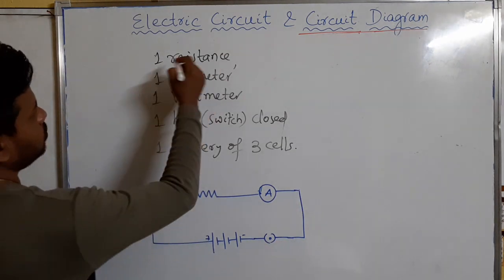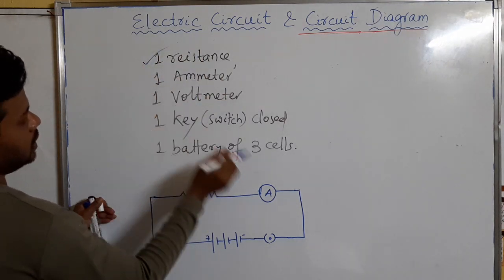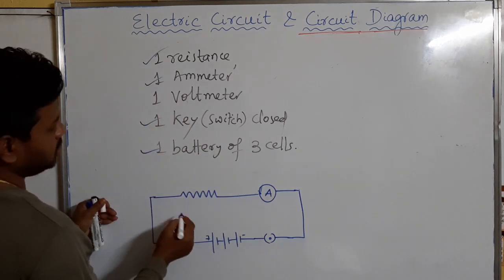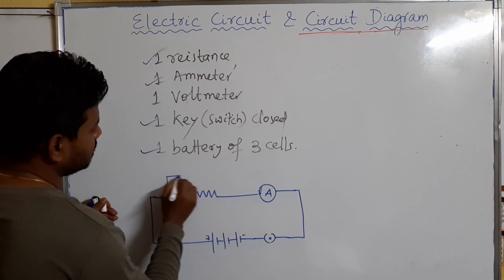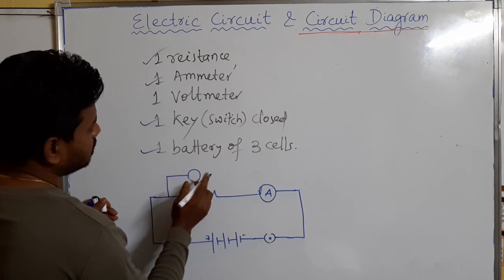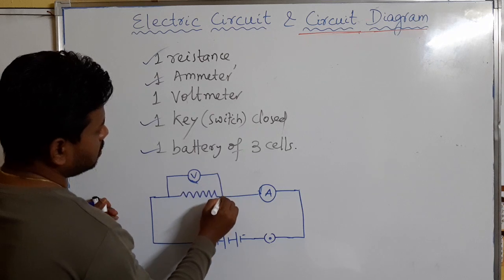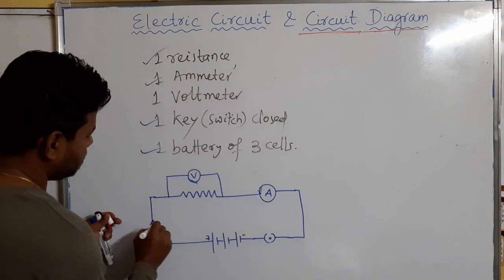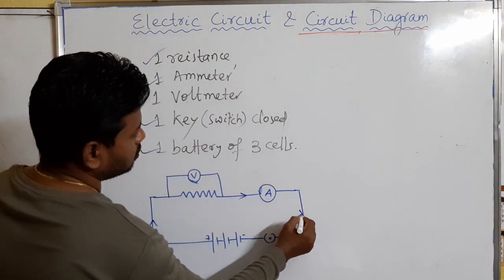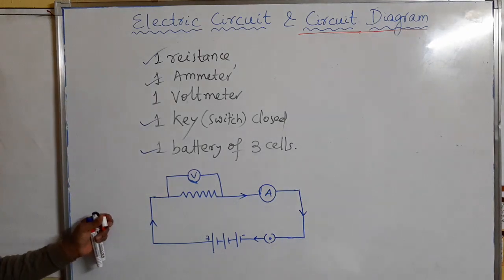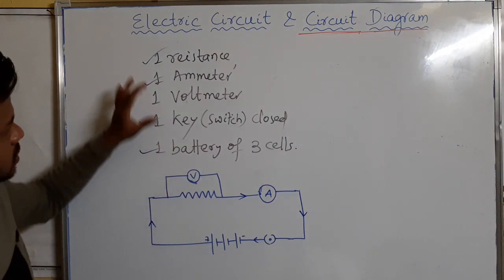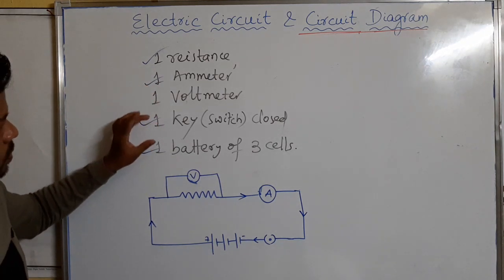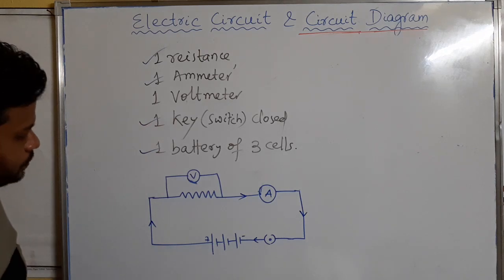The rest part is the voltmeter, and the voltmeter is connected in parallel with the resistance, and then you have to give the direction of current. So this is a circuit diagram consisting of one resistance, one ammeter, one voltmeter, key switch in closed condition, and battery of 3 cells.